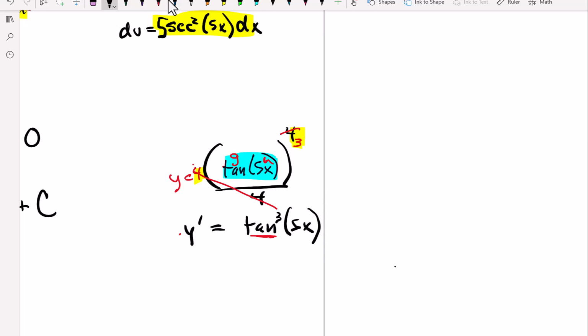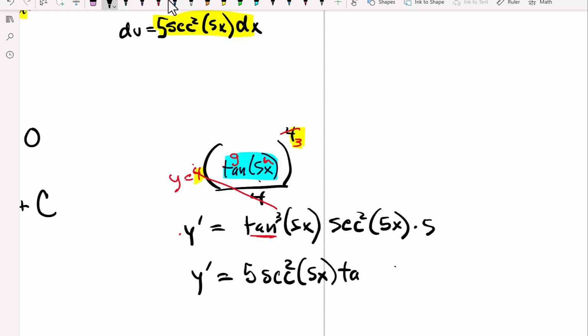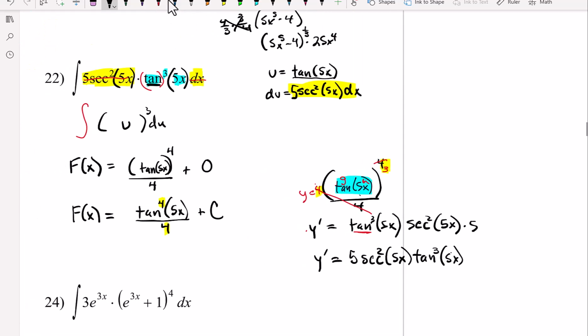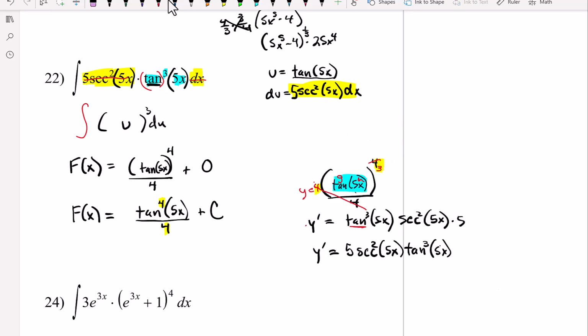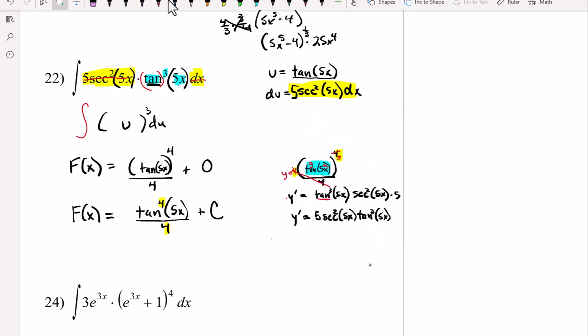The derivative of tangent is secant squared theta, and then the derivative of theta is 5. And look at what we have when we finish. It is 5 times secant squared theta times tangent cubed theta. Yeah, and that's what we originally started with. So that is one way that you can do that check, if you've untangled it. So I'll put on here, this is the check.